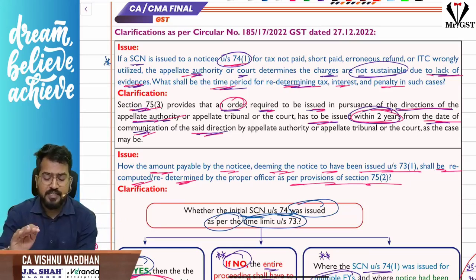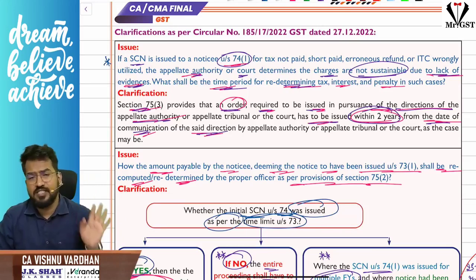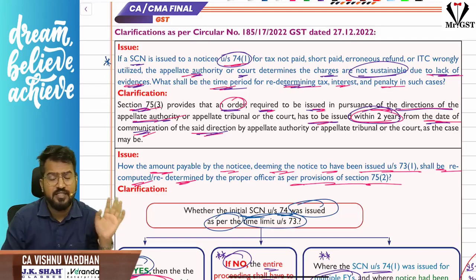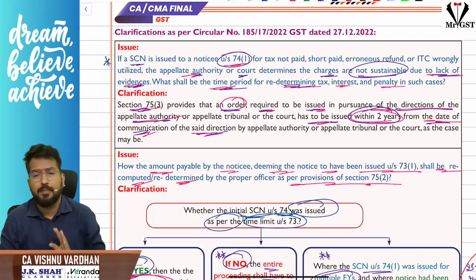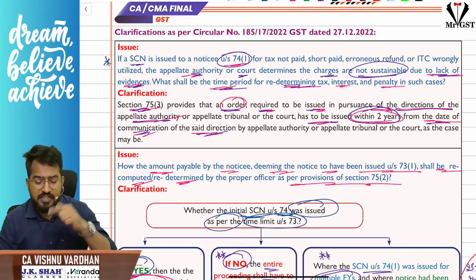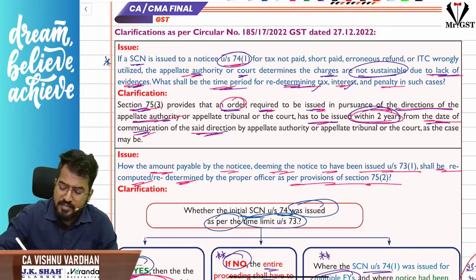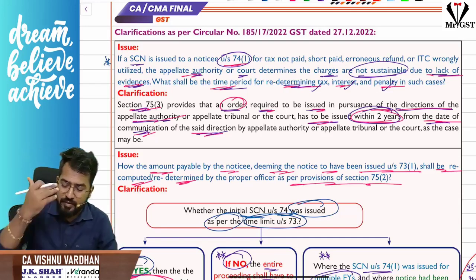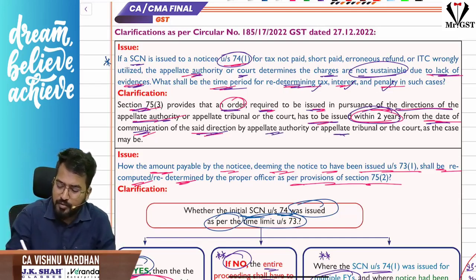So please understand, the show cause notice is under section 74, the taxpayer has challenged it, and the court or tribunal said yes, this is a section 73 case, not section 74. Now the proper officer has to redetermine the tax, interest, penalty within 2 years from the date of such direction given by the appellate authority or tribunal or court.